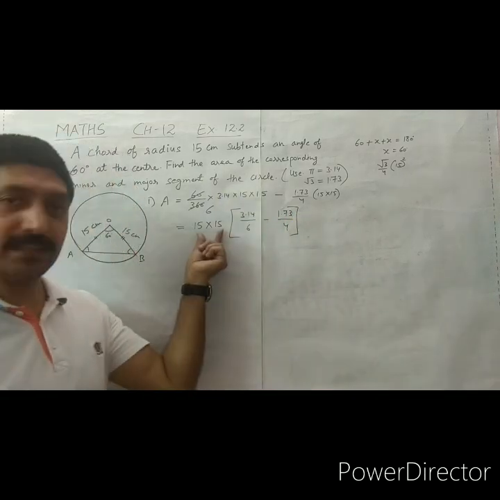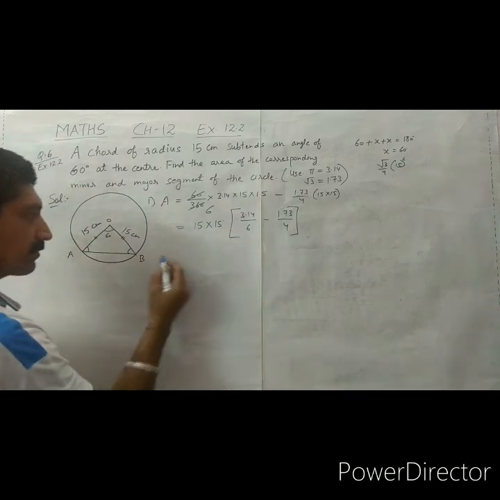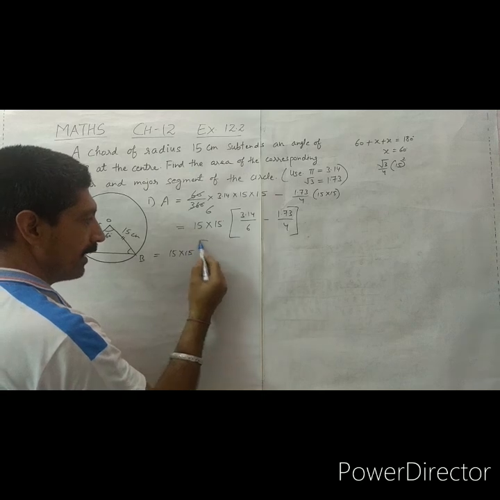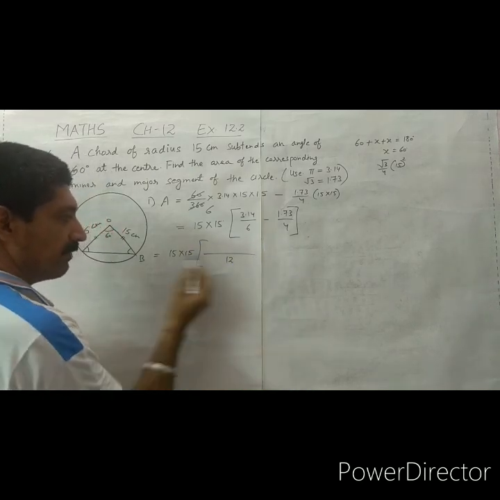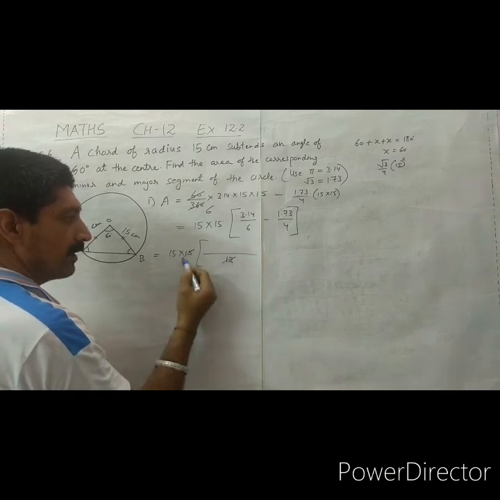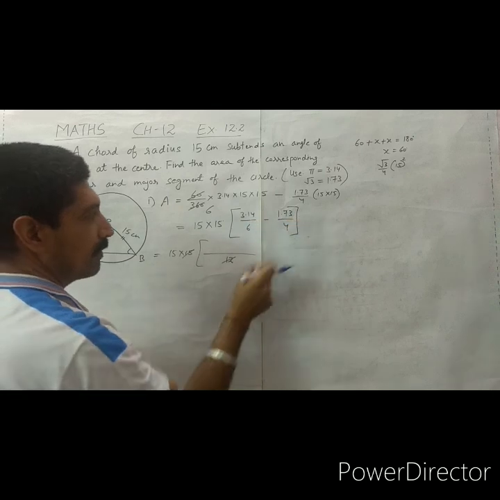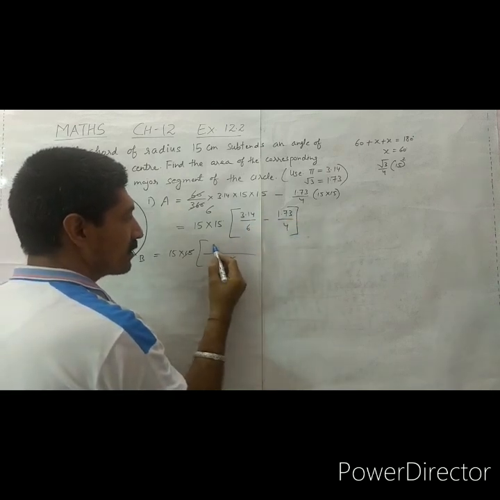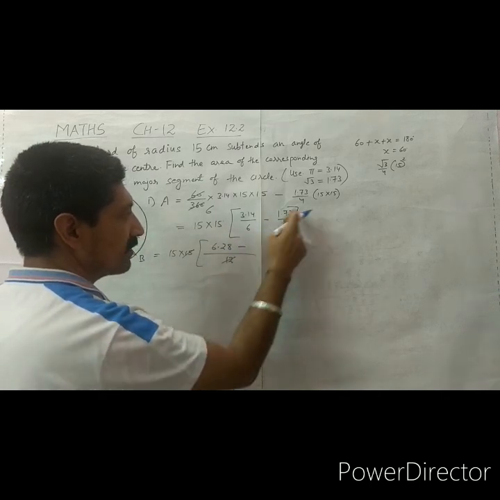I have taken 15 into 15 common. So here the LCM is 12. So we can go for the division with 12. Let's first go for the bracket first. That is 6.28, and here with 3.